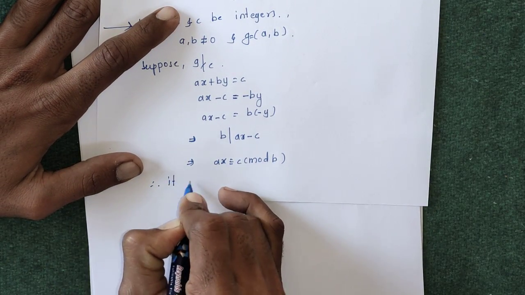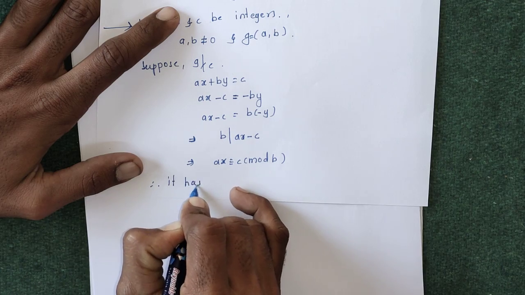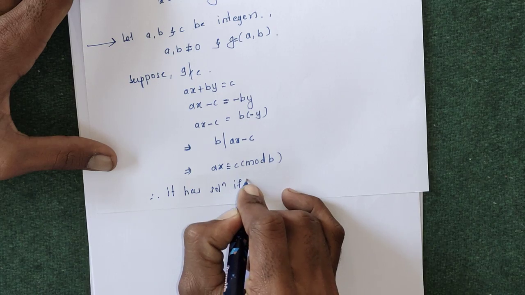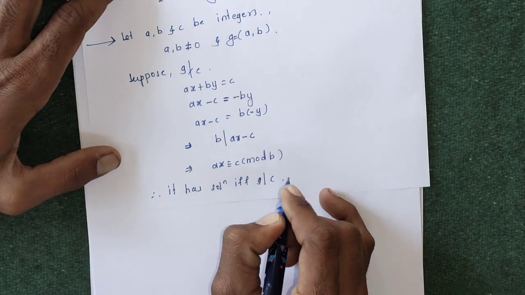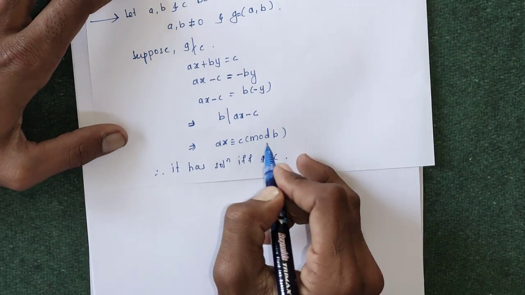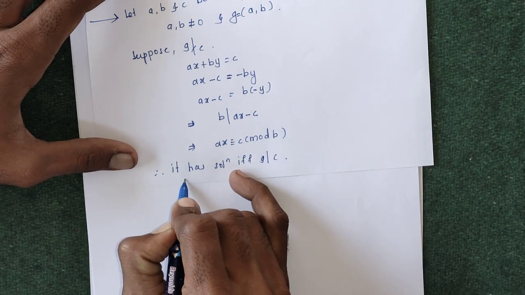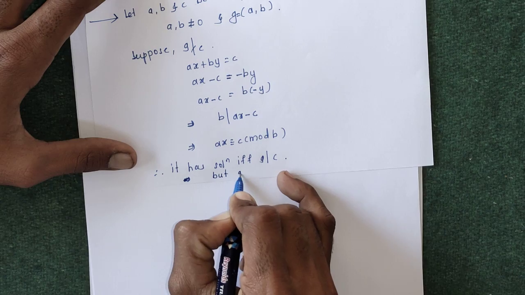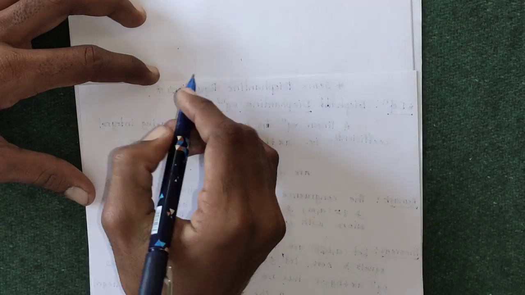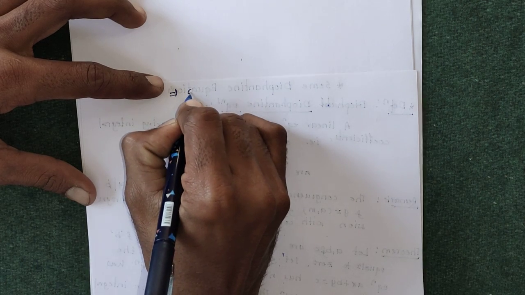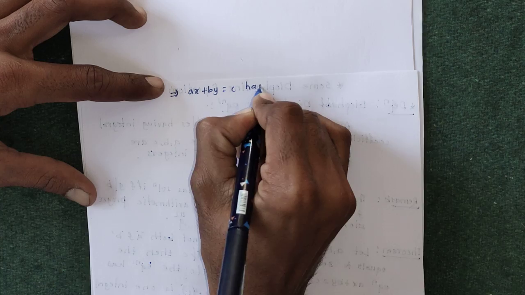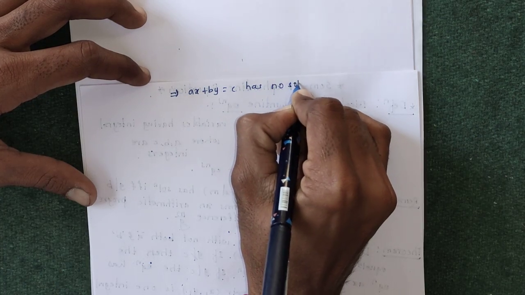Therefore this congruence has a solution if and only if G divides C, which is a contradiction, but our G doesn't divide C. This implies this equation Ax plus By is equal to C has no solution.